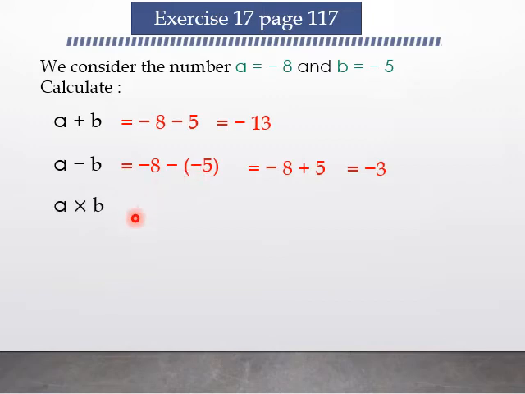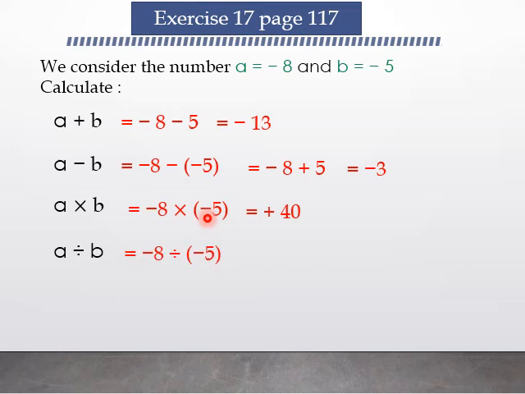A times b, so minus 8 times minus 5, sign by sign, minus minus is plus, and 8 times 5 is 40. A divided by b, minus 8 divided by minus 5, again minus minus is plus, and 8 divided by 5 is 1.6.